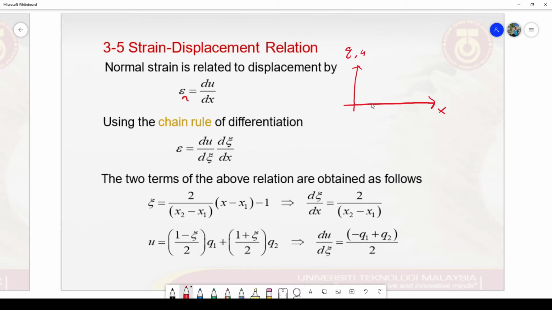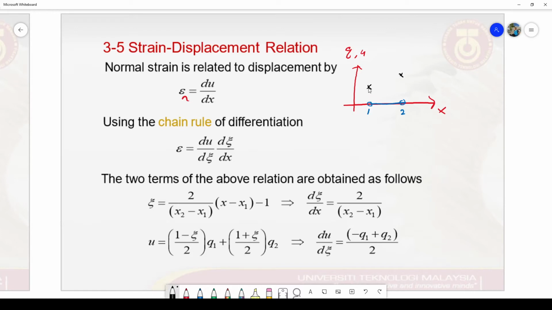So if I have an element which is spanning from here to there, so this is node number 1 and node number 2 of my element, then from the finite element, we found that the displacements at node number 1 is somewhere there, and at node number 2 will be somewhere there.